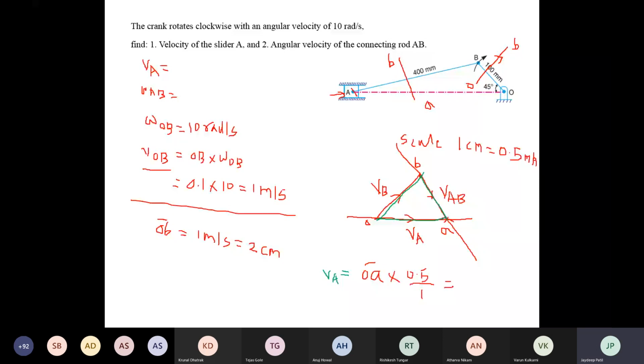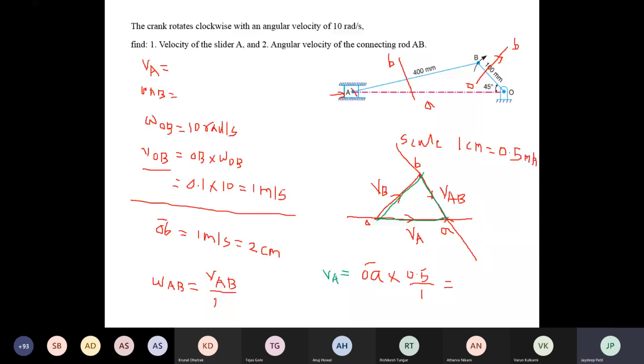Similarly, you have to find out omega AB. Omega AB is the velocity of AB divided by the radius AB, the distance AB in meter.